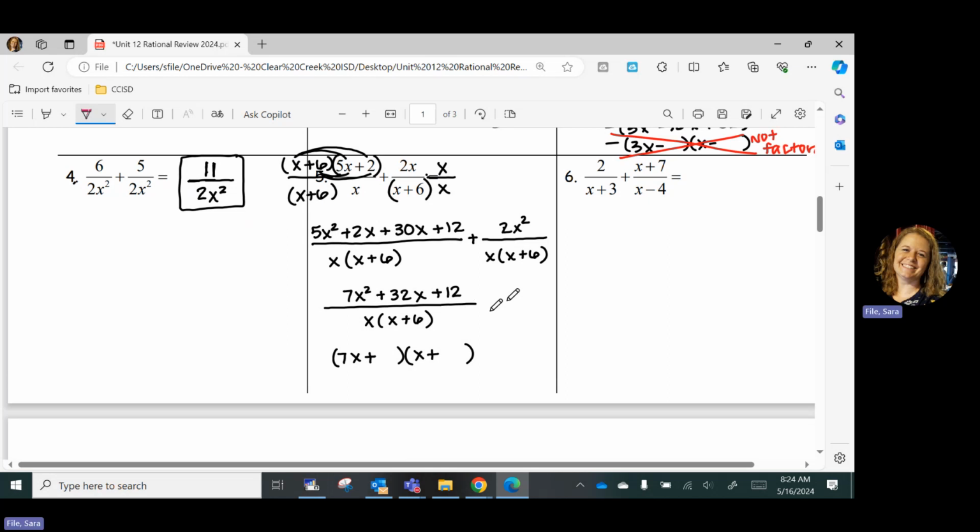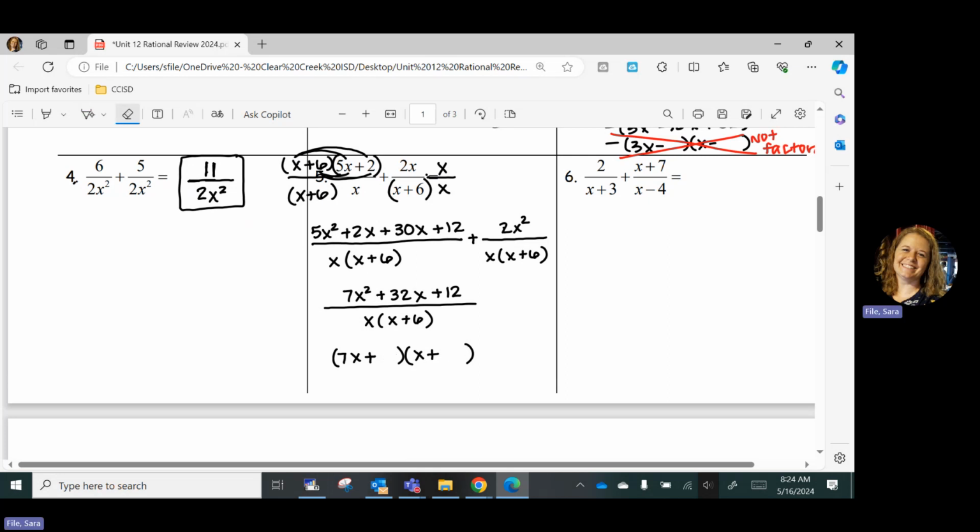Okay, what about 6 and 2? If I put my 6 here, 7 times 6, that's still too high because that's 42. That'd be 44. That's not it. And if I switched it and did 6 and 2 this way, 7 times 2 is 14 and 6, that's only 20. So that's not going to work.